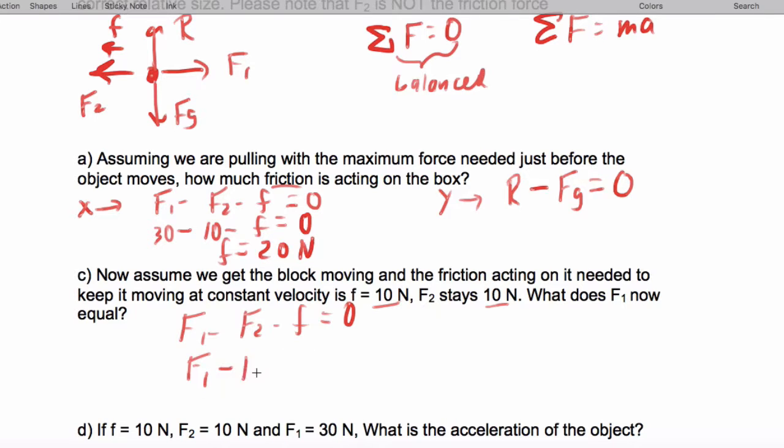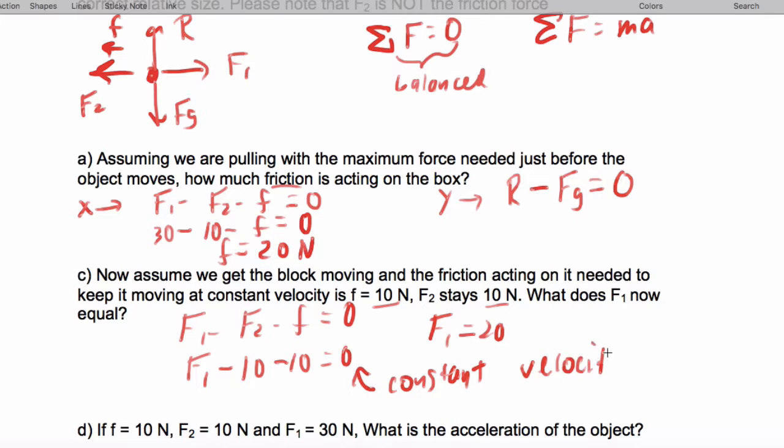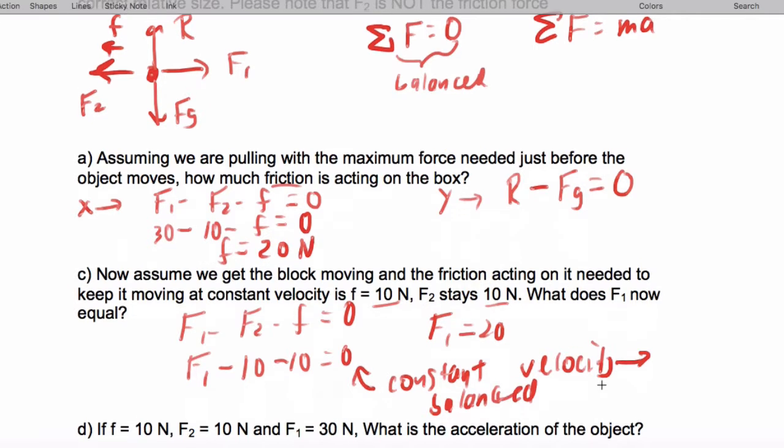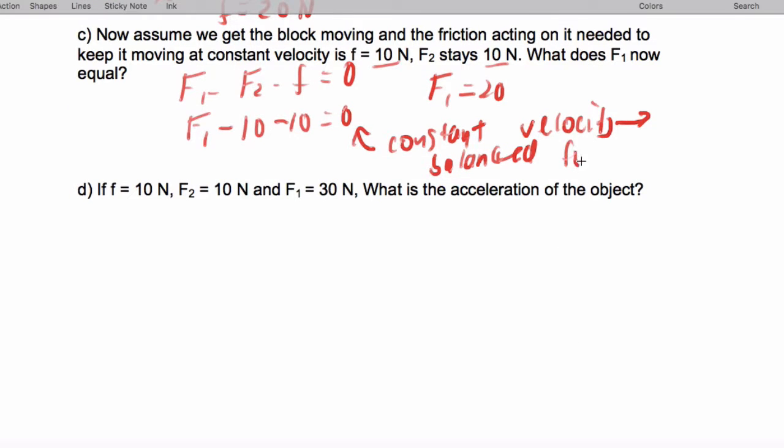So F1 minus 10 equals 0. And that gives us an F1 equal to 20 newtons to keep it moving at constant velocity. Remember, when we're moving at constant velocity, forces are balanced, so we don't need to write ma there. So constant velocity does, in fact, imply balanced forces.